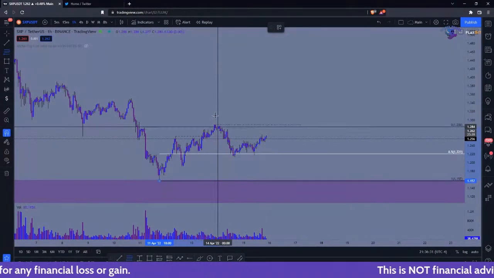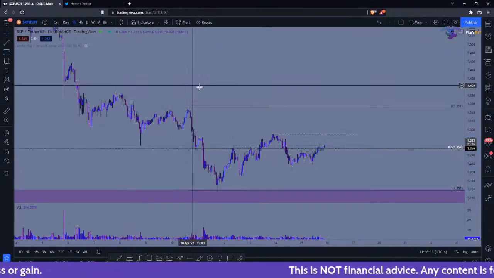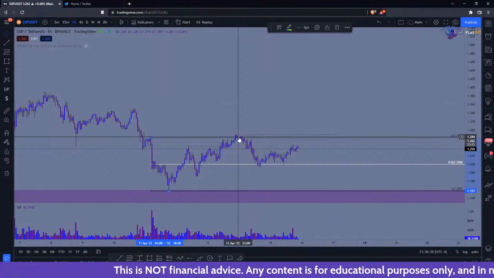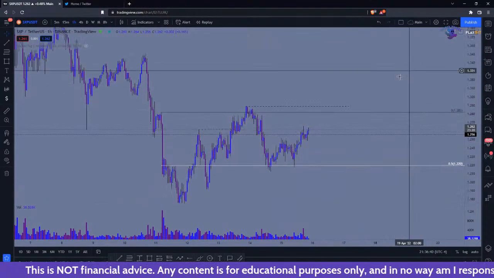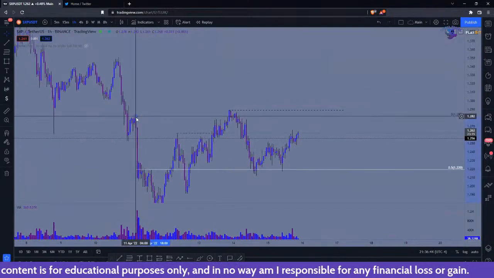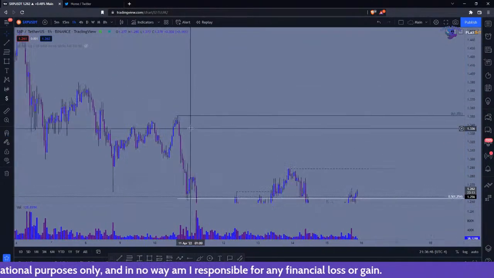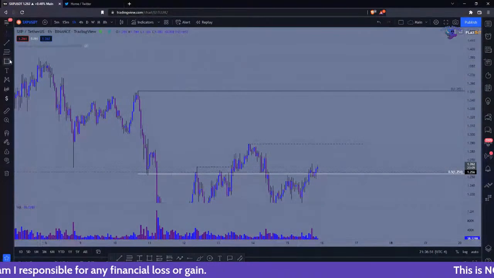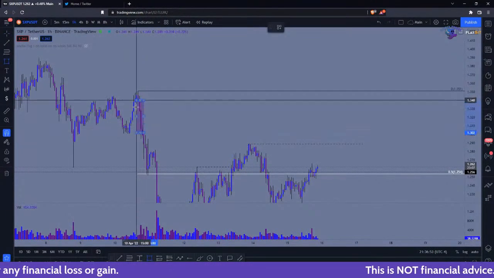If you break this structure up here, you're almost committing that you're in this price range. At first, I would have drawn it here, but you see we broke structure. So at this point, you're waiting for a break of structure that's already external to this range. So you're going to expand your range, and you're going to look for these highs up here, or this high, I should say. Also, there's a lot of liquidity here in this fair value gap.